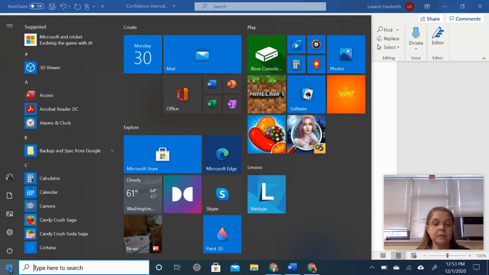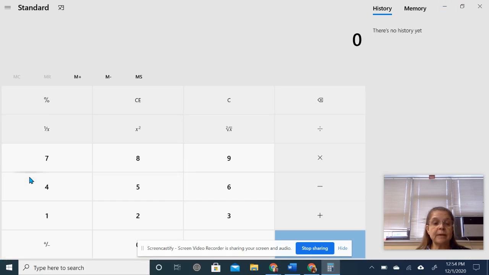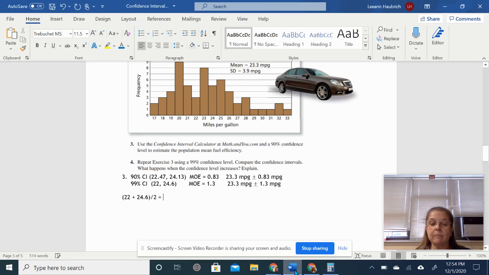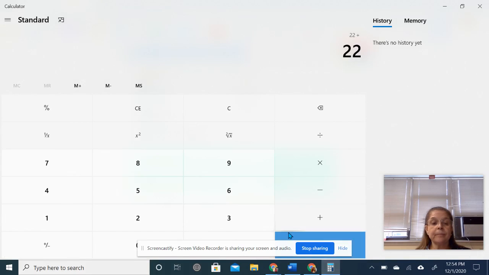I should do the Desmos calculator, but this will come up a little faster. So I'm adding 22 plus 24.6. Let me clear the whole thing. 22 plus 24.6 equals, divide by 2 equals.